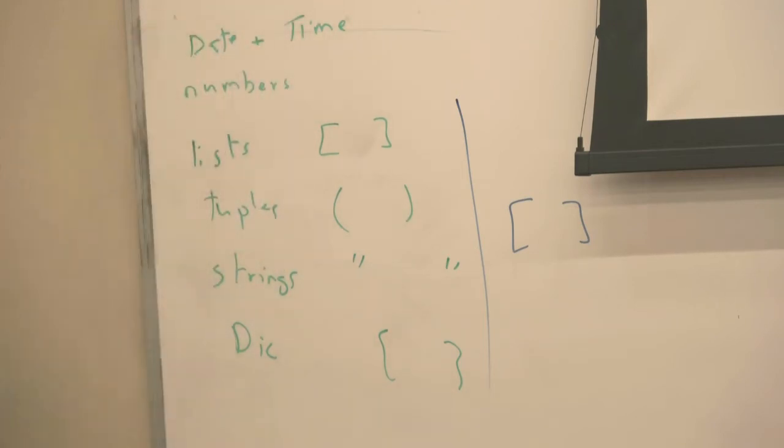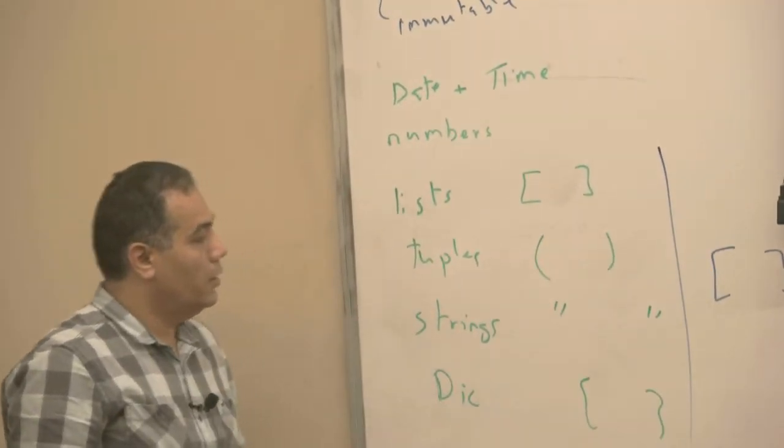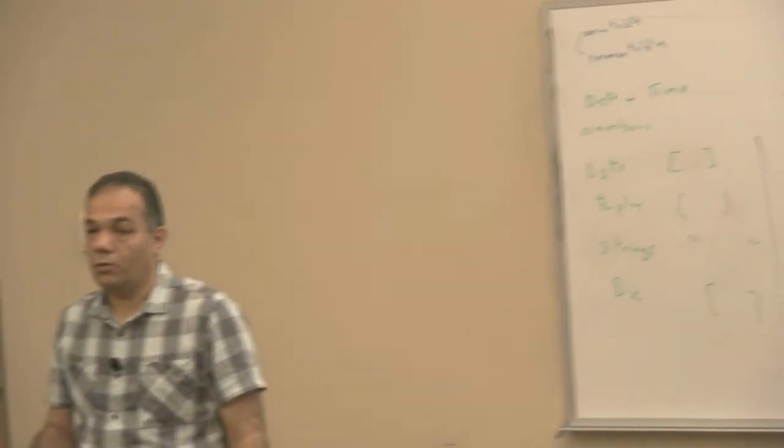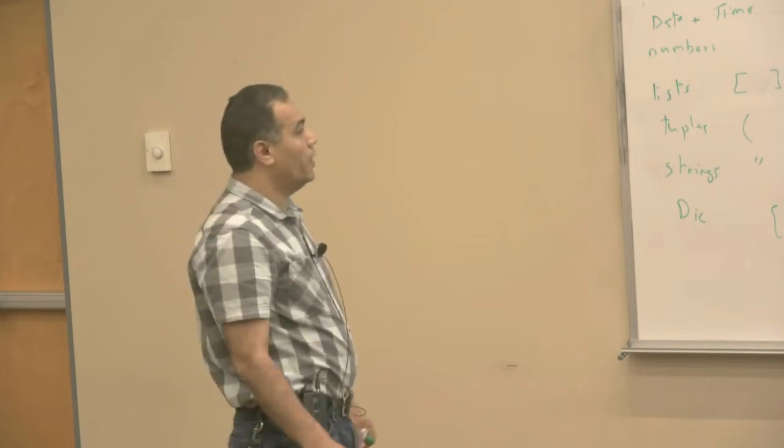Lists are mutable, and tuples are immutable. That means you can change lists, but you can't change tuples. And we learned how to iterate through them, how to use them, and how they occupy the memory.